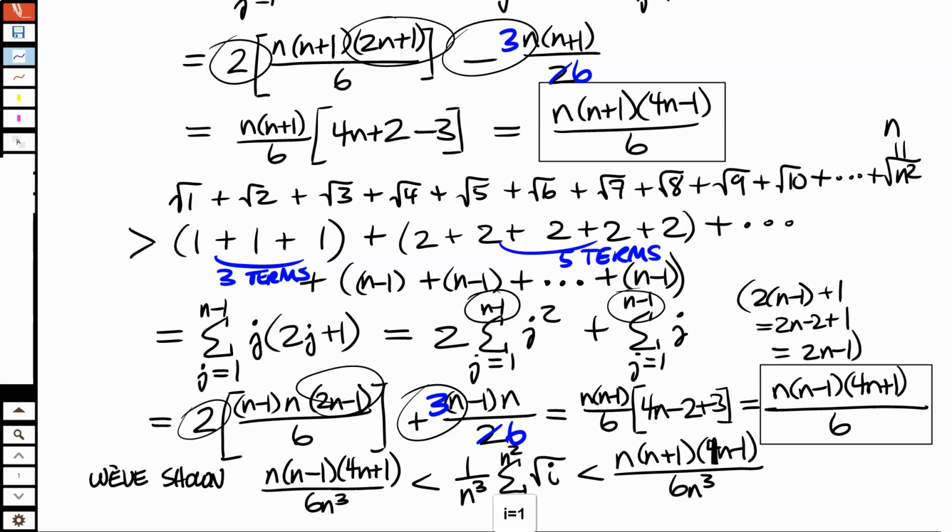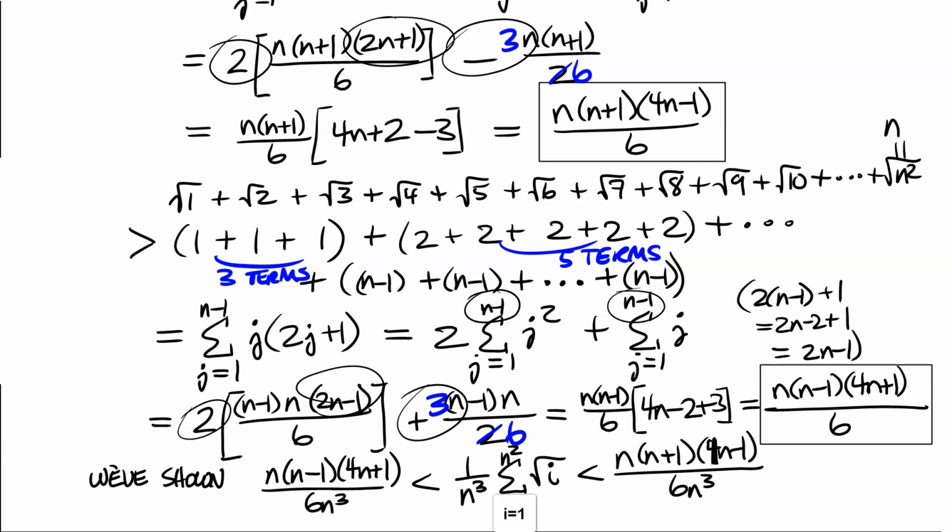So that means that this expression over here, as n goes to infinity, is actually going to 2/3, and this is going to 2/3. So by squeeze theorem, just like the ordinary squeeze theorem for functions, if you trap a sequence in between 2 other sequences going to the same limit, this has to go to 2/3 as well. So we've shown that.